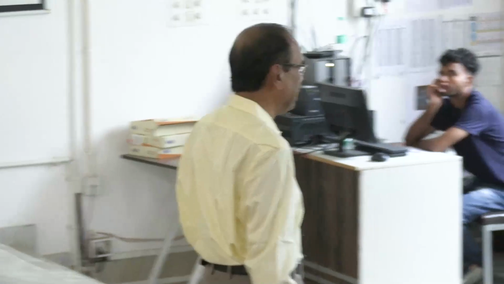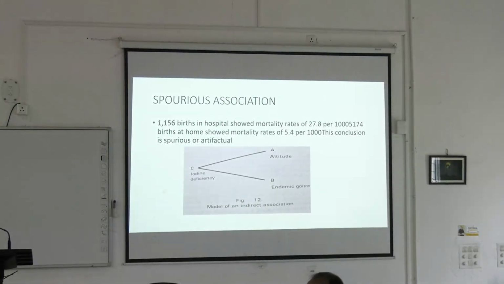So this spurious association is this high altitude and hypothyroidism. Actually the cause is related with iodine deficiency in the subsoil, in the plant, etc. And very easily it can be concluded that hypothyroidism is caused in the people who are living in the high altitude. It is not the factor. It is the iodine deficiency.